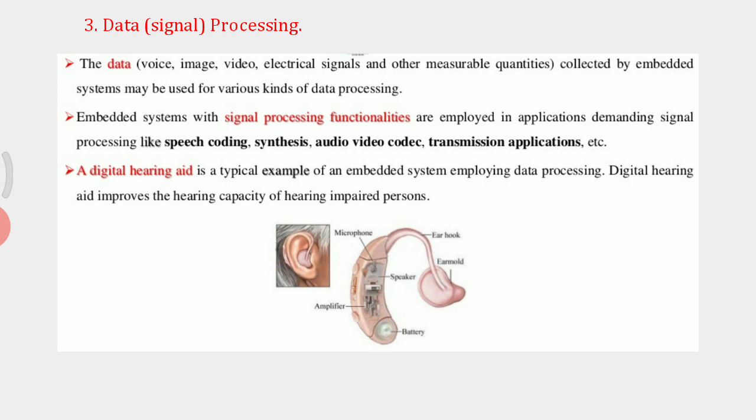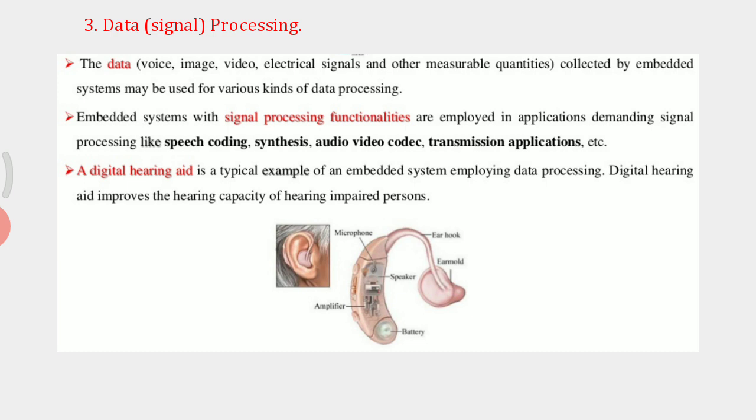Data processing or signal processing. For this also we require an embedded system. Data like voice, image, video, electrical signals and other measurable quantities collected by an embedded system may be used for various kinds of data processing.